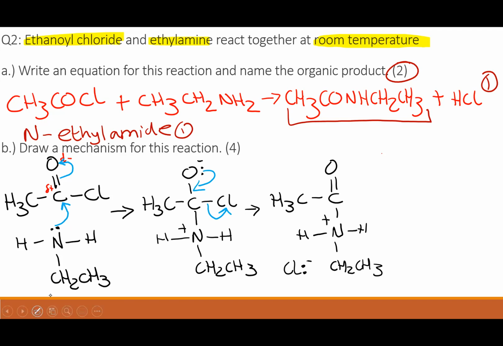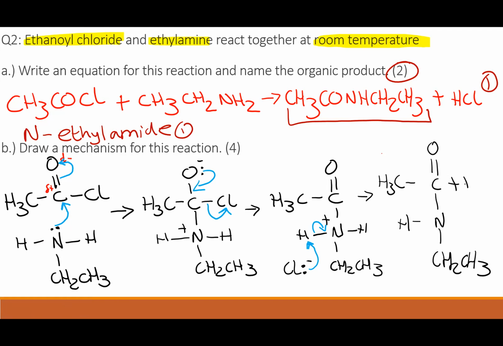And our arrows this time, chlorine's going to come along and attack that hydrogen here. And then this bond is going to break here. And then our final step is we will have this oxygen double bonded down to the carbon, H3C, nitrogen, hydrogen, CH2CH3, and our hydrochloric acid.